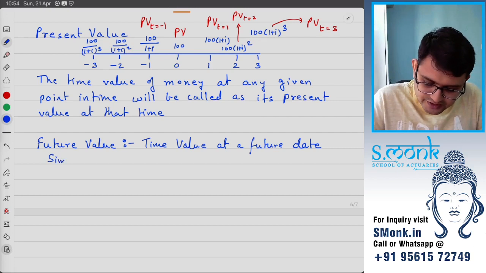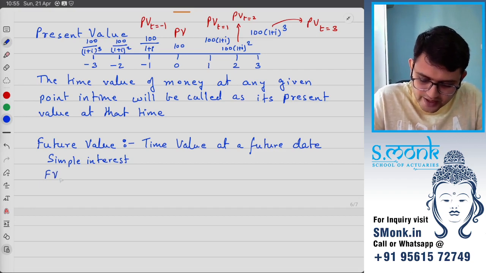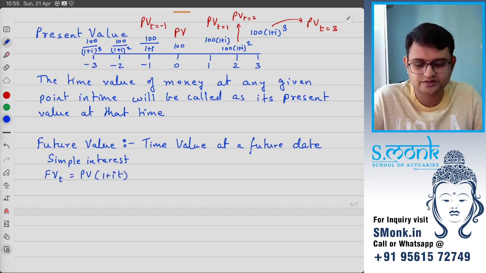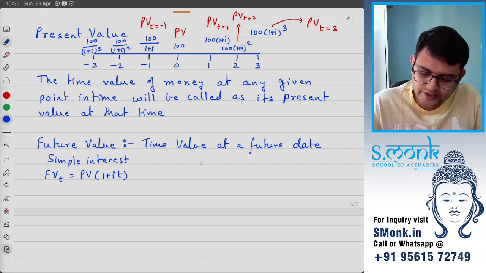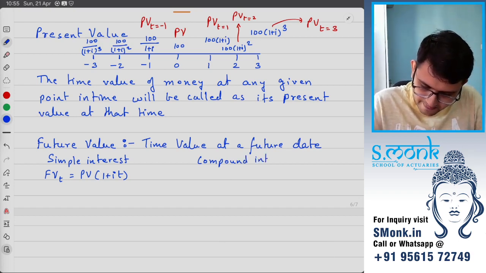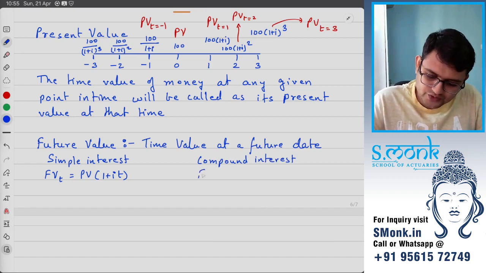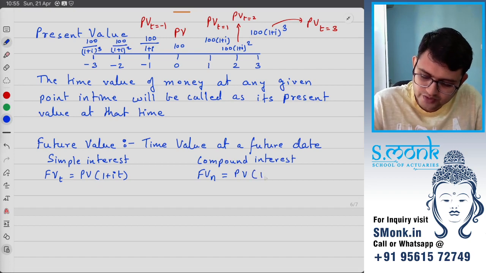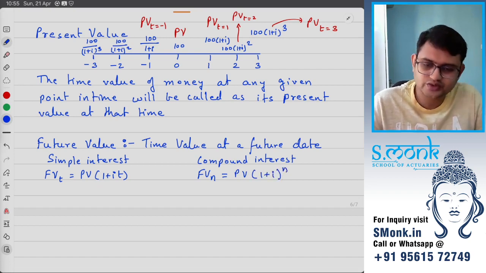So for simple interest, we say future value at time t is going to be present value into 1 plus it. This is how we write it. And similarly for compound interest, we'll say future value at time n, and write it as present value into 1 plus I raised to n.